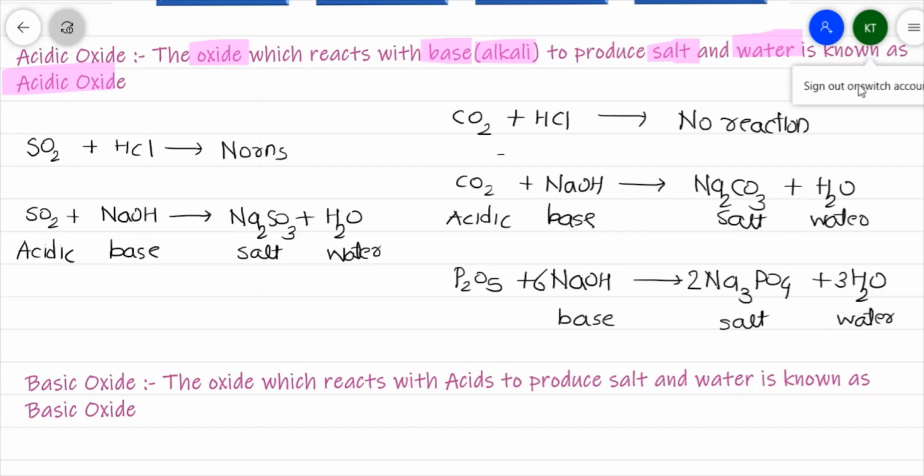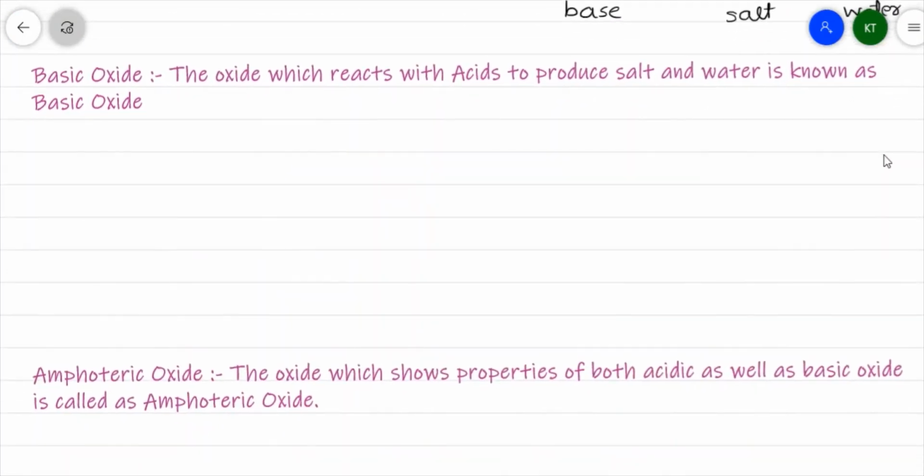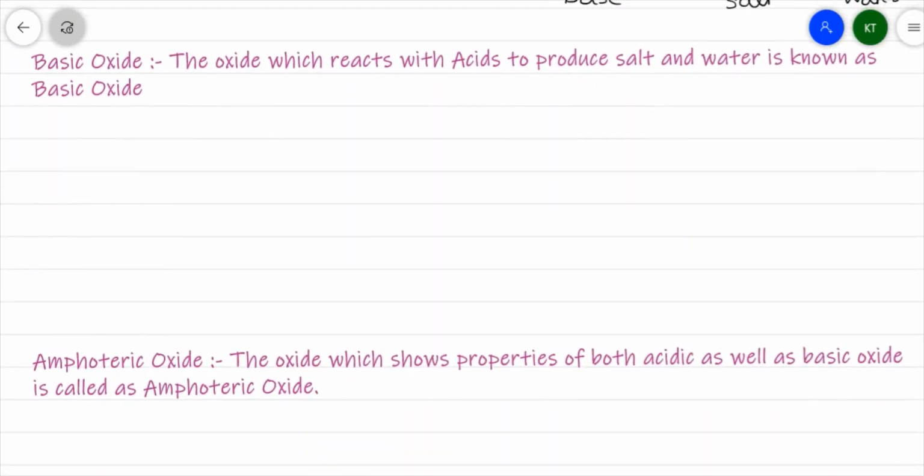Now let us continue. The second type of oxide is basic oxide. So what is a basic oxide? A basic oxide is an oxide which reacts with acid to form salt and water.